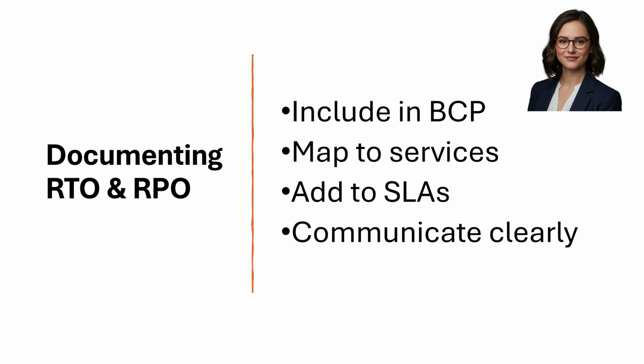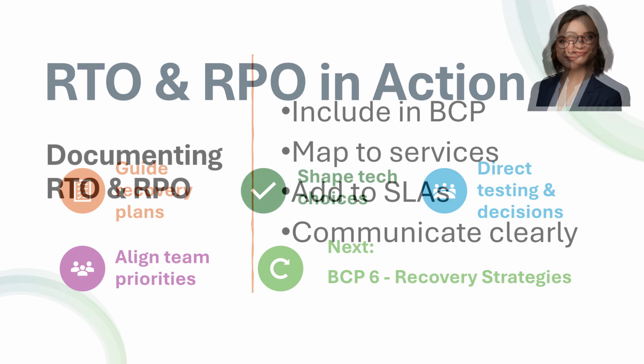Once you've defined your RTO and RPO values, it's crucial to document them clearly within your business continuity plan. This documentation should map these recovery requirements to specific applications and services, and it's often included in service-level agreements, SLAs. Clear communication of these objectives is essential for transparency and alignment across the organization.